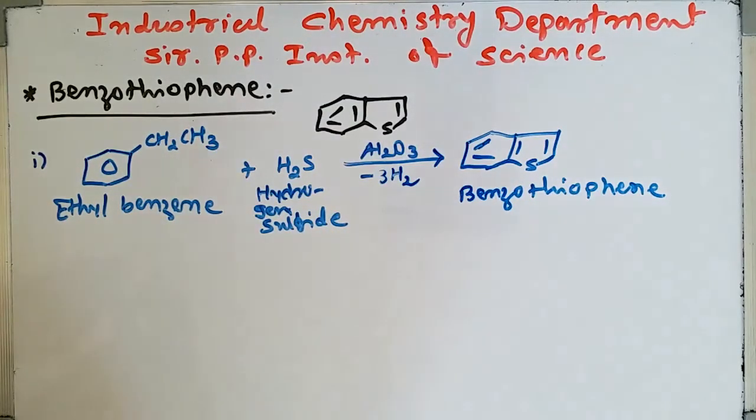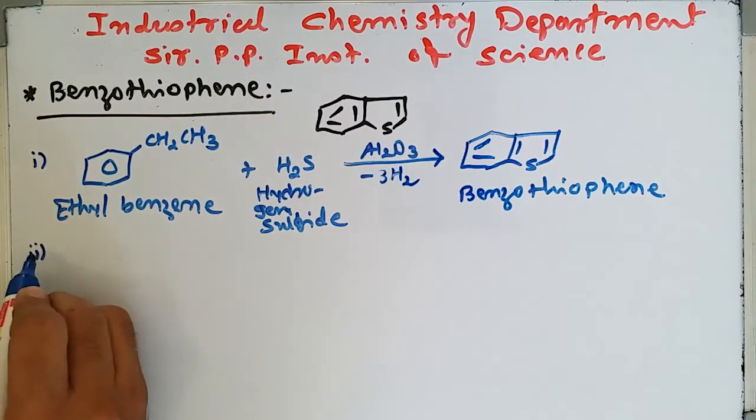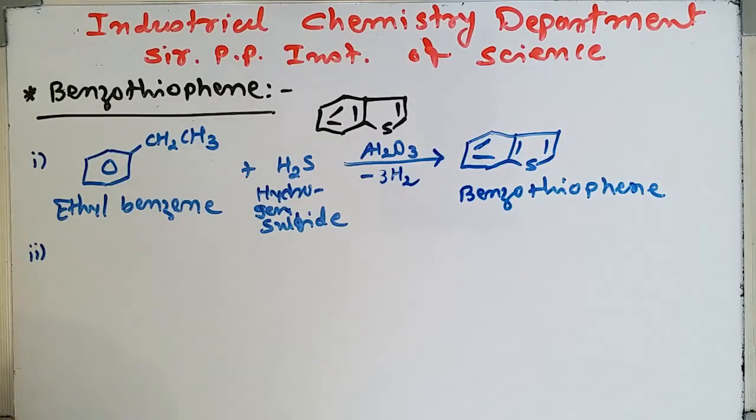So, interaction between ethyl benzene and hydrogen sulfide in presence of Al2O3 gives benzothiophene. We have also a second route for the benzothiophene. So, second, preparation of benzothiophene.